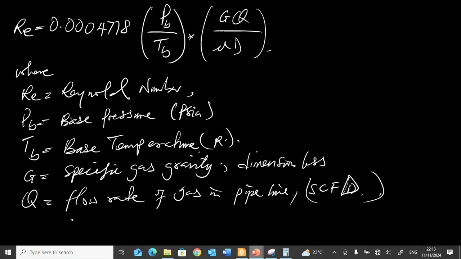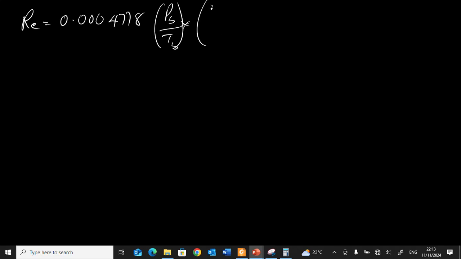So for us to solve for this, we have the Reynolds number equal to 0.00047778 times base pressure divided by base temperature times gas gravity times flow rate divided by viscosity divided by internal diameter.